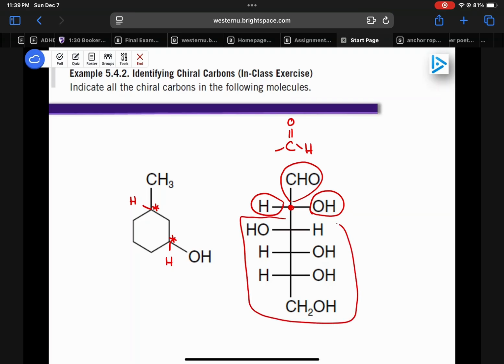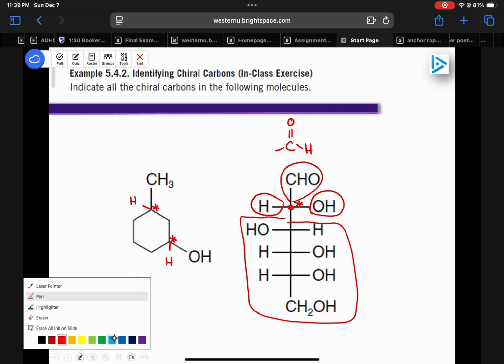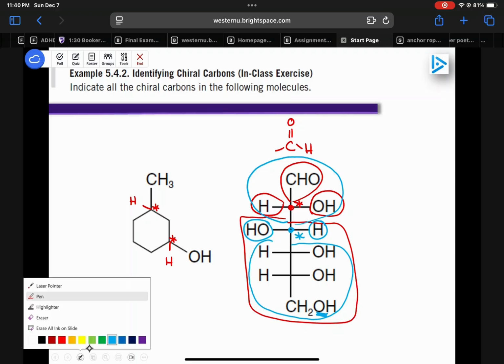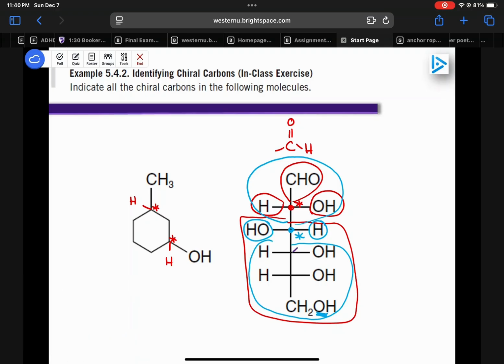And the rest of the molecule is unique, which tells us that is a chiral center. We could do the same thing with the next carbon, a hydrogen, a hydroxyl, the top part of the molecule with the aldehyde, and the bottom part of the molecule with the alcohol. 4 unique groups, therefore that is another chiral center. And we could continue this process and see that each of these intersecting lines is a stereo center.